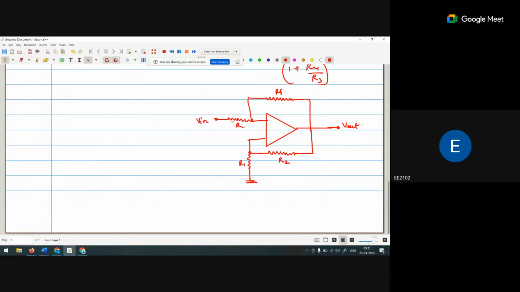Now we have to check which terminal we are using here. So I am taking this one. If we increase the voltage, we get a smaller voltage here, because some voltage will drop across RF and the remaining voltage will appear here.